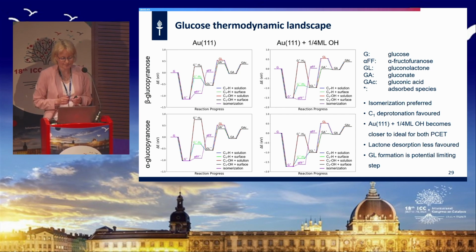And C1 deprotonation is favored over the OH deprotonation. What we see is that the thermodynamic barriers for the first 2 proton-coupled electron transfer steps are energetically closer to each other on the hydroxylated surface. In the presence of OH, the lactone desorption is less favored, and we find that the gluconate formation is a potential limiting step.